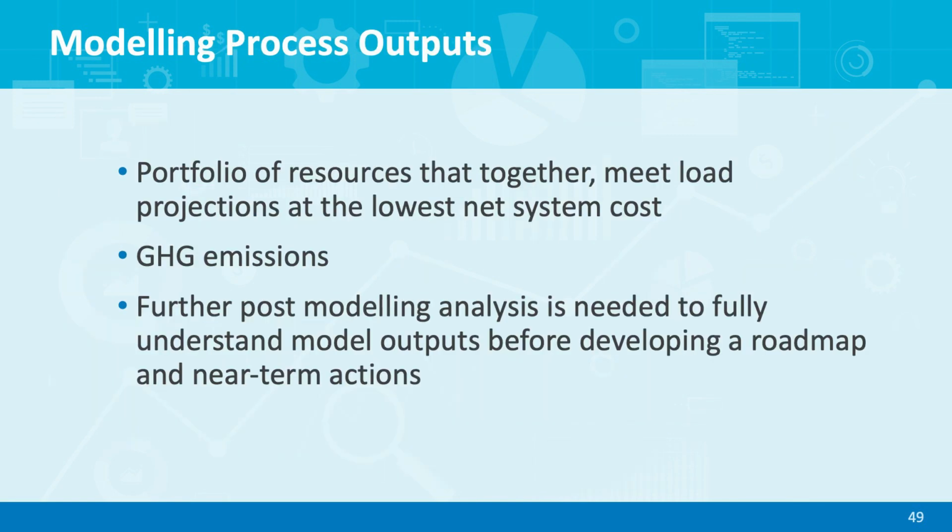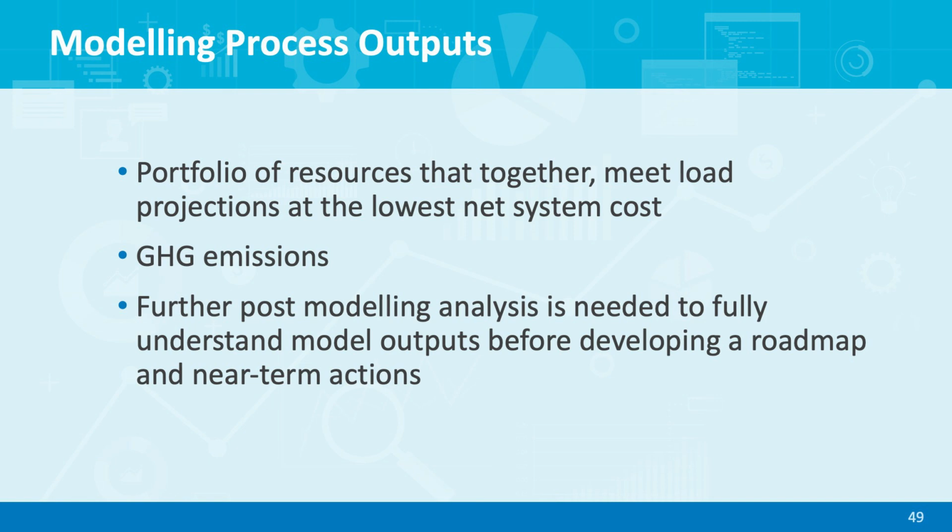The modeling process results in a range of outputs for each scenario simulation. These outputs include the following: a portfolio of resources that meets the defined projected loads at the lowest net system cost. Net system cost includes all generation, transmission, distribution, and capital costs, operating costs, fuel costs, import costs, and export revenues. Total greenhouse gas emissions for Manitoba Hydro's electrical and natural gas systems.